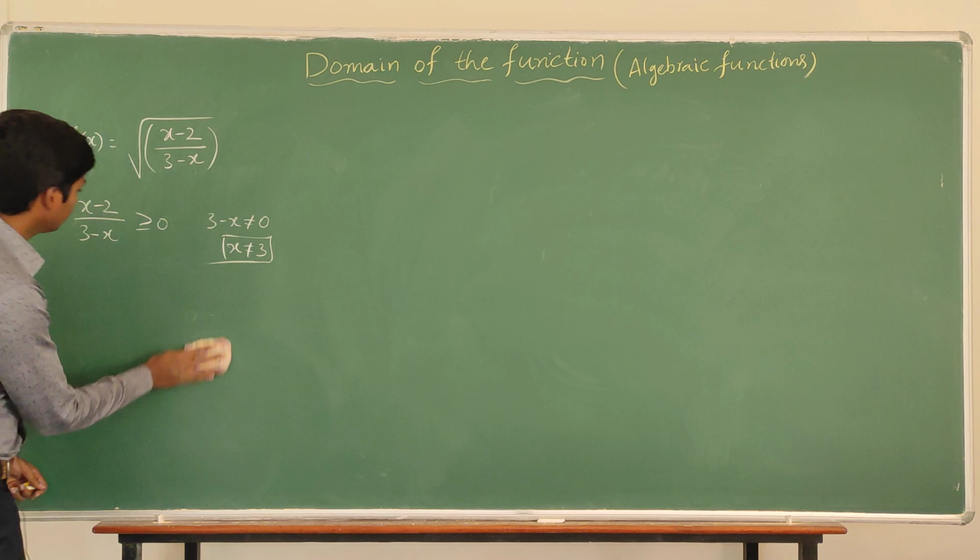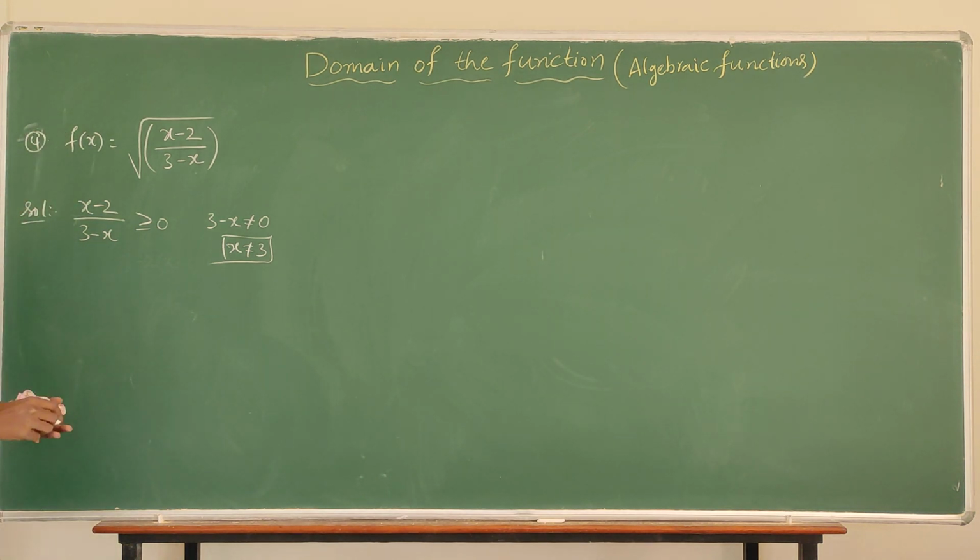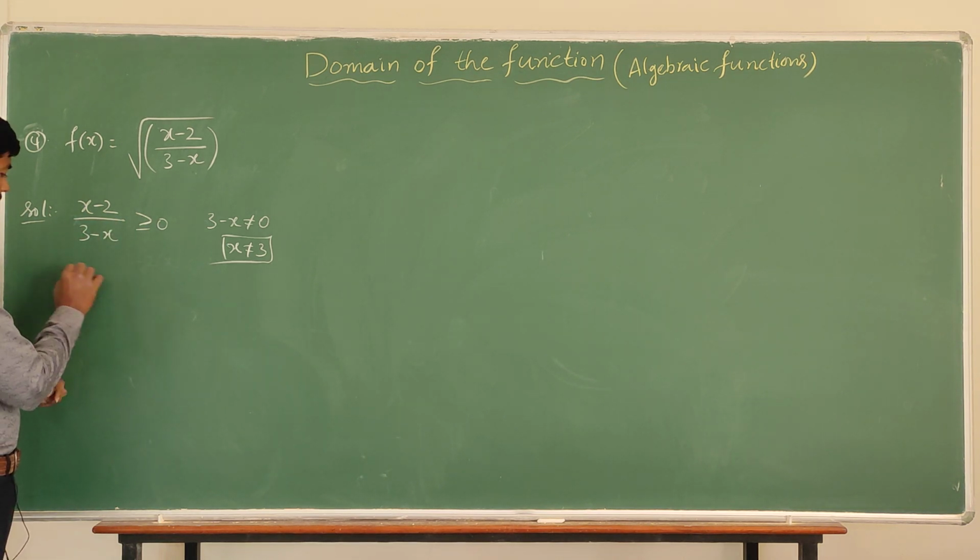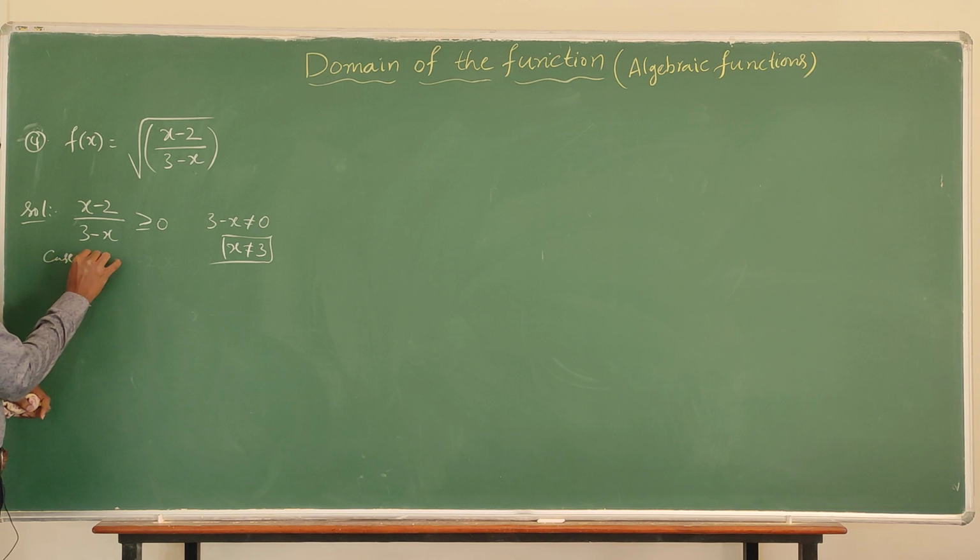So this is the expression x minus 2 by 3 minus x greater than or equal to 0. This is possible if both the numerator and denominator are positive, then the whole term is positive, greater than 0. In case the numerator is 0, then it will become 0. This is case 1.